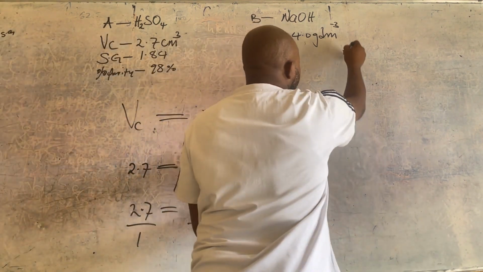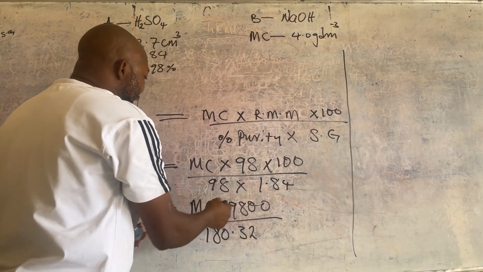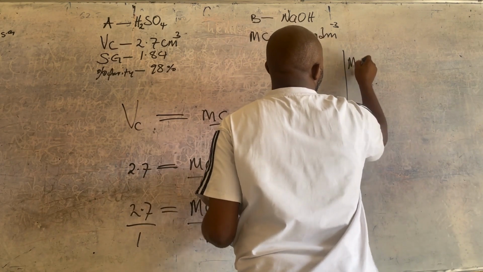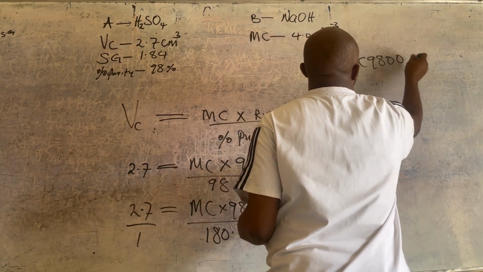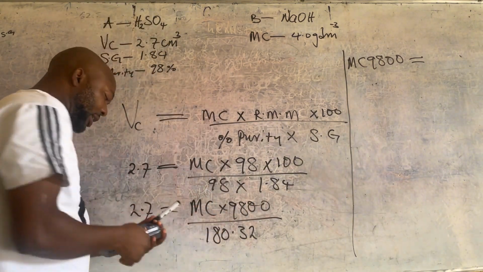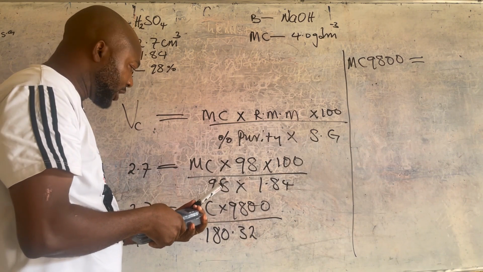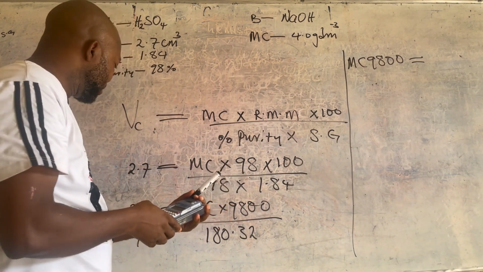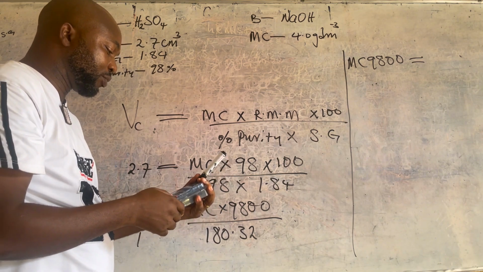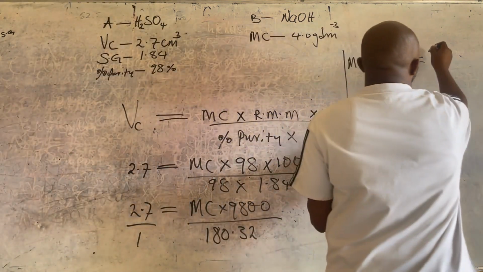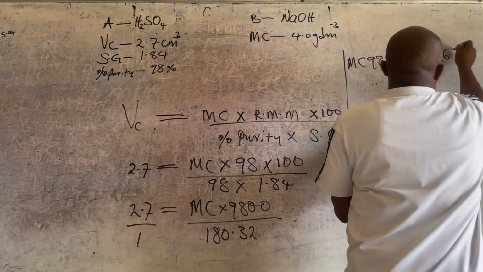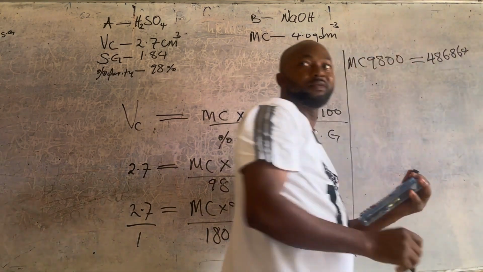So if I cross-multiply, I have my MC times 9,800 is equal to 2.7 times 180.32. That will give me 486.864.